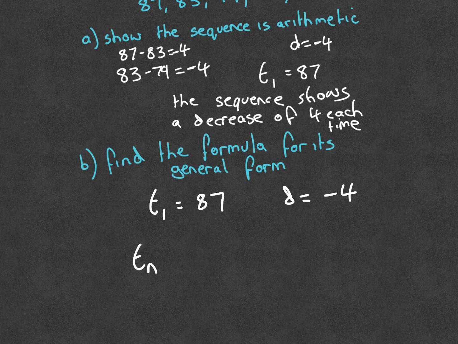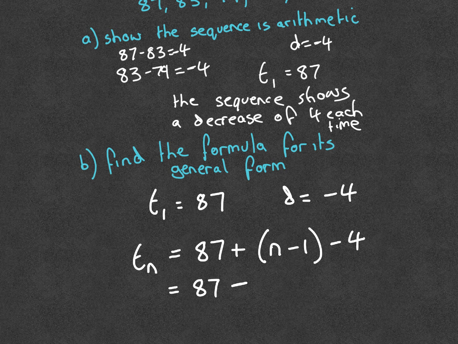Any term number in this sequence is going to be equal to T1, which is 87, plus n, take 1, multiplied by -4. Again, we can simplify this down.